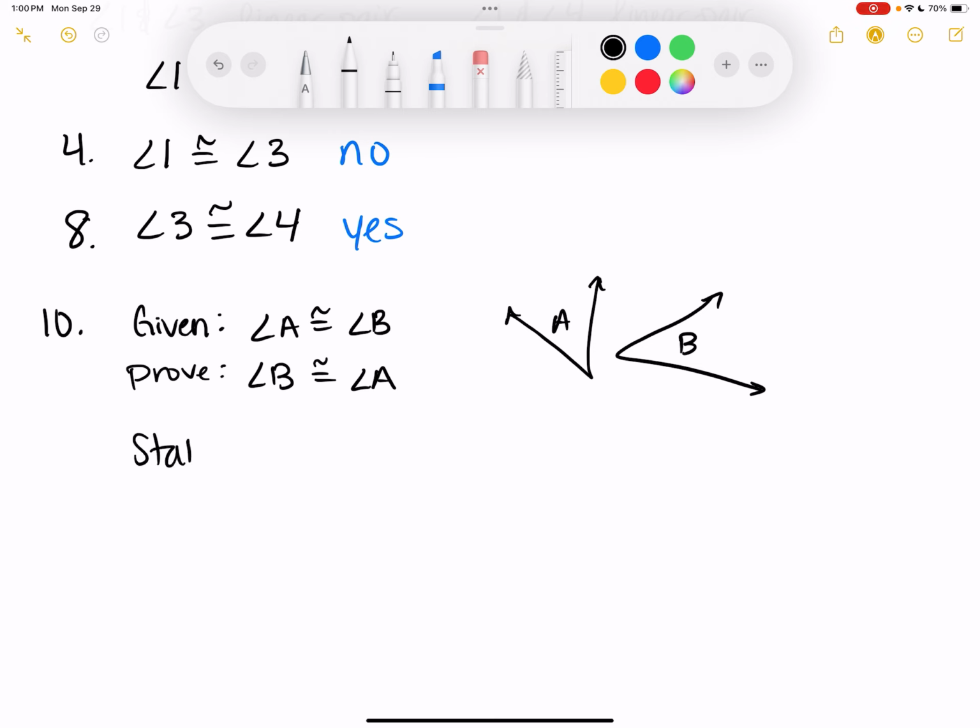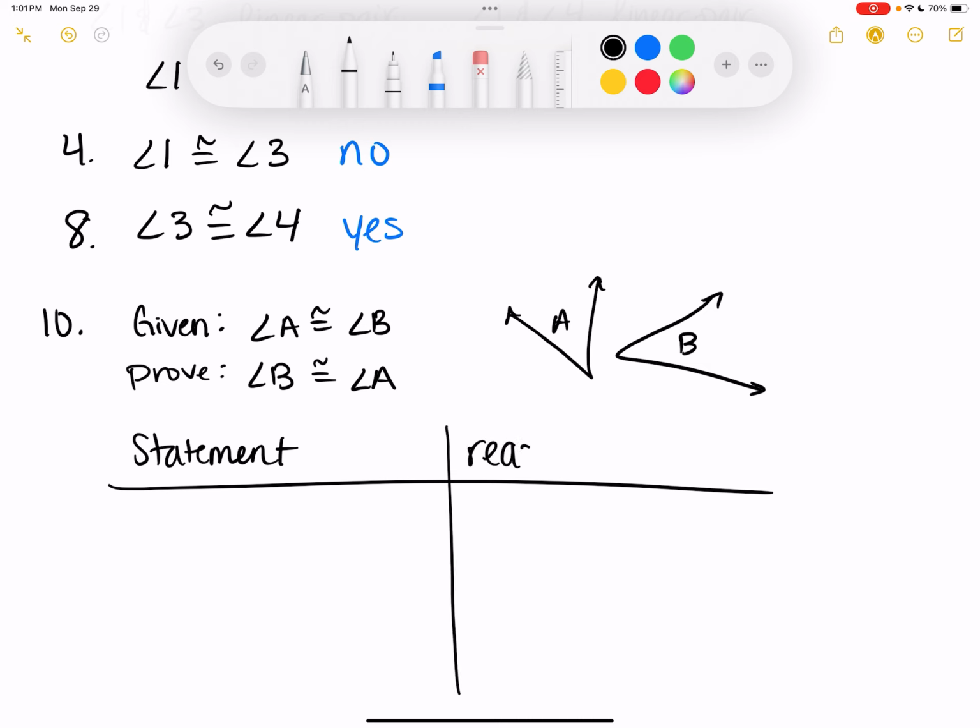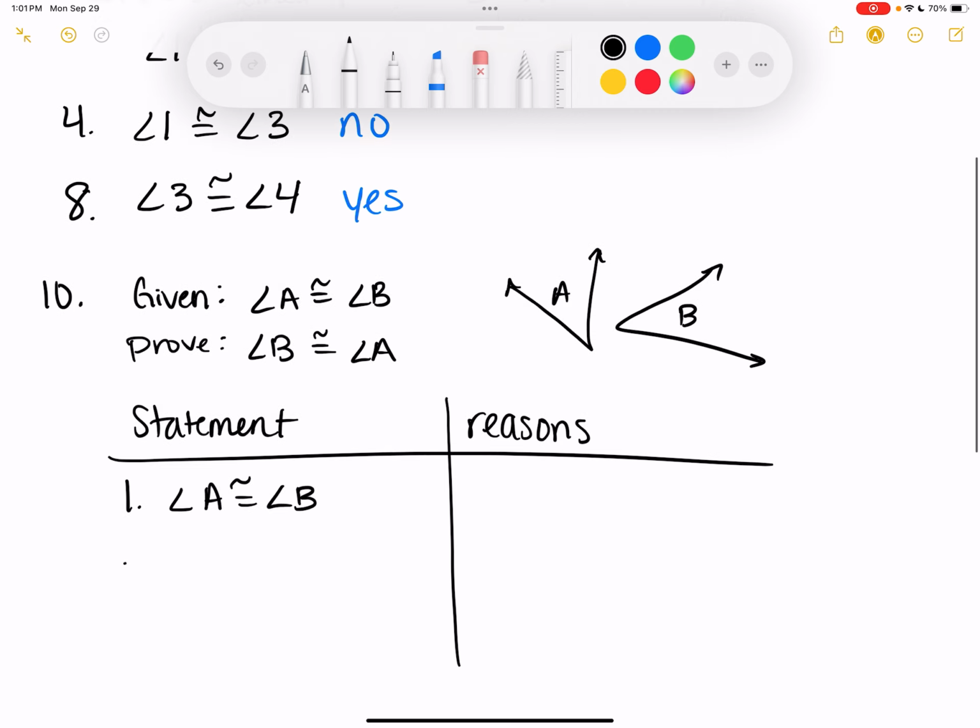So I'm going to write in black what they gave us and then we'll fill in the other part. They tell us angle A is congruent to angle B. I'm going to work down on the statements. 2, they leave blank.